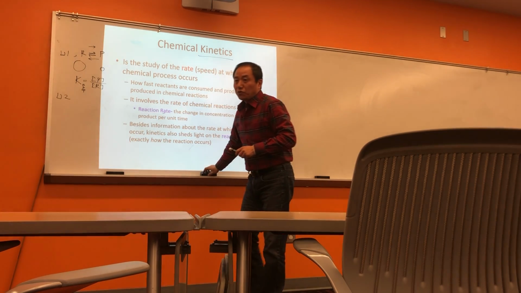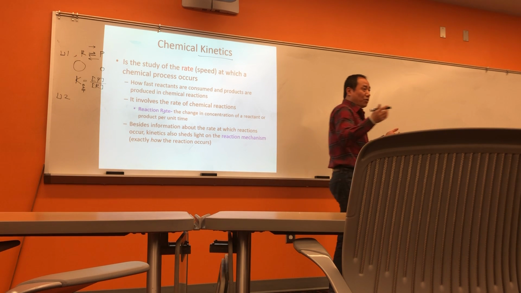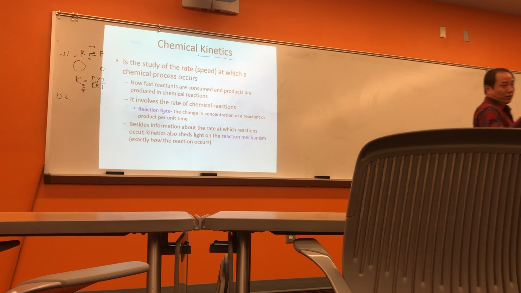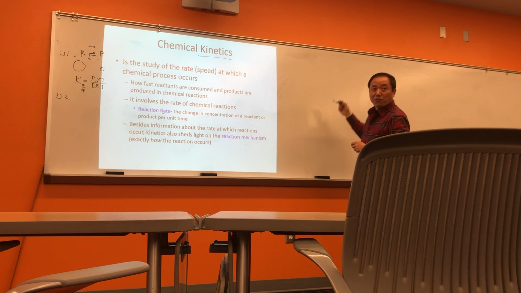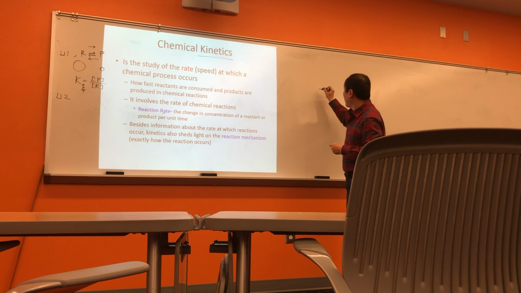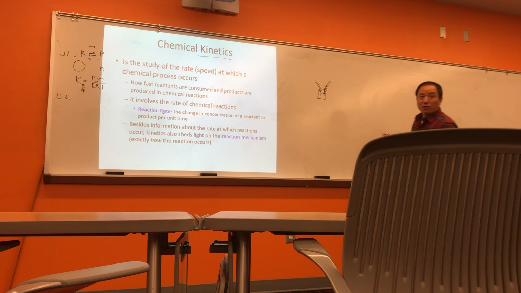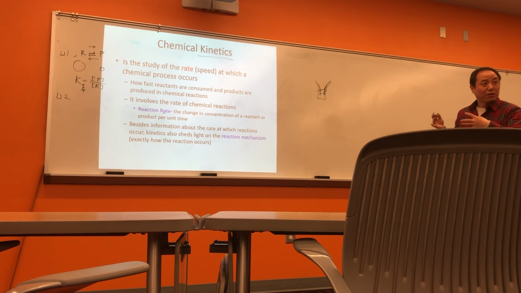Well, if you know which reaction goes faster, then later you can design a reactor. If reaction goes faster, then you may design differently compared to reaction goes slower. Because if reaction goes fast, let's say you mix some compound A, compound B through certain pipe. You are designing a reactor in the macro scale.